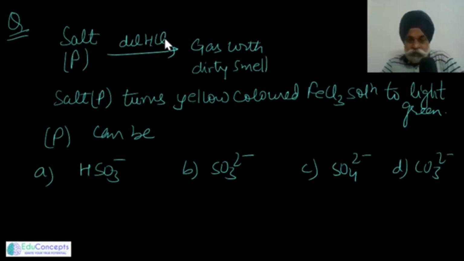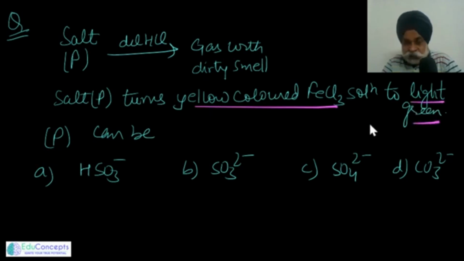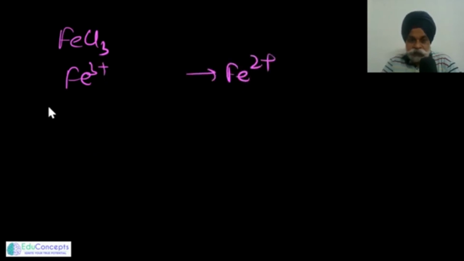Salt P with dilute HCl gives a gas with a dirty smell, and salt P turns yellow colored ferric chloride to light green. So that means FeCl3, where Fe is in +3, goes to Fe2+. This means the ferric chloride is acting as an oxidizing agent.